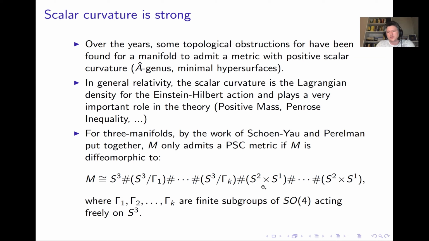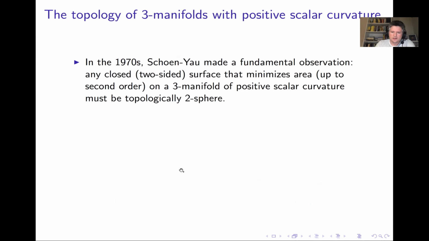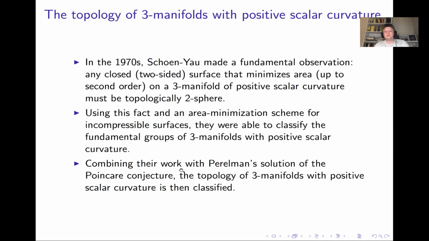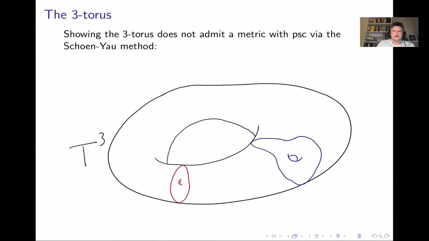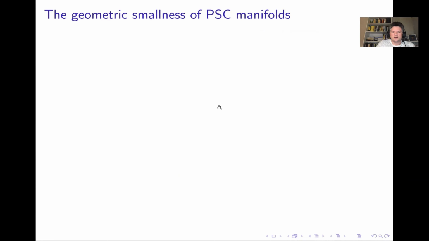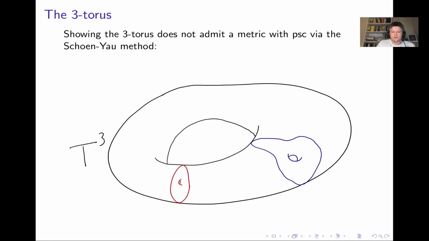But you cannot have a stable minimal surface of higher genus. Okay, so this is basically the result that gives you the topological classification.